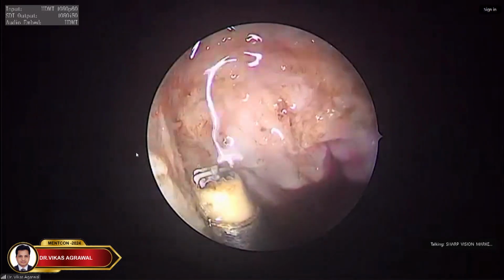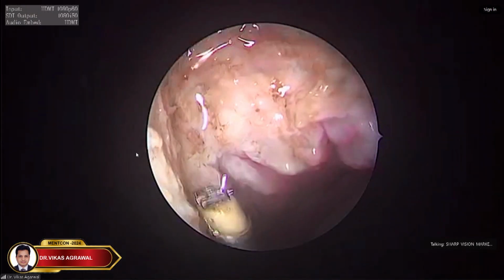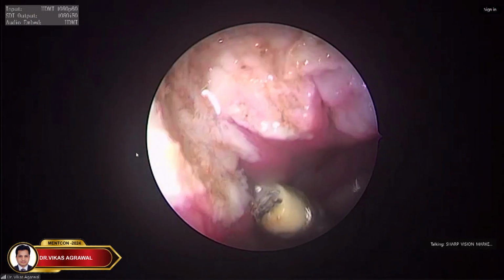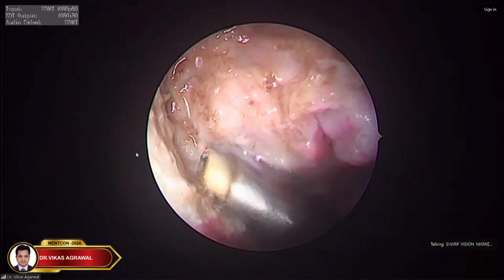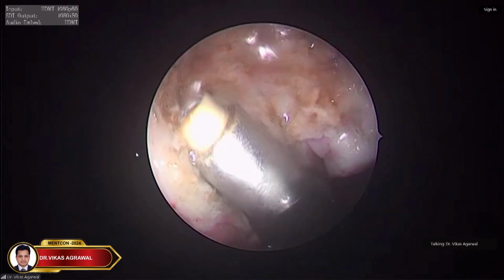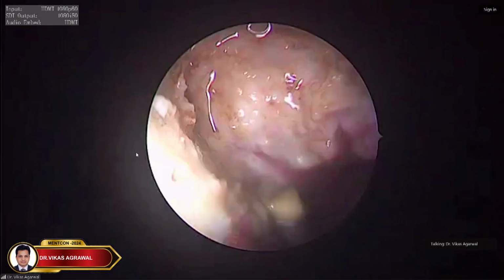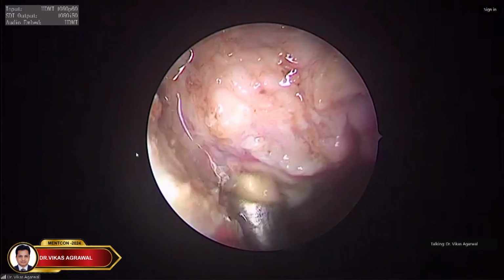Vikas, have you ever operated a recurrent case of adenoids? Yeah, once in a month I do. How tough is it to do that? Not really, because many times people have not gone too much inside. But at times when the child has already grown old, the adenoids become tough.